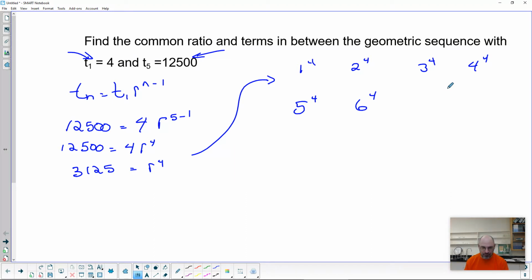Let's try 6 to the power of 4. Okay, we're getting closer. 12 something. Let's try 7 to the power of 4. 24, so that's close. It's going to be 7, maybe 8.